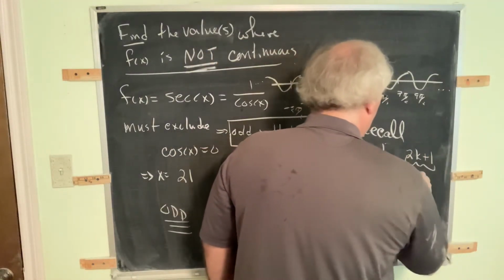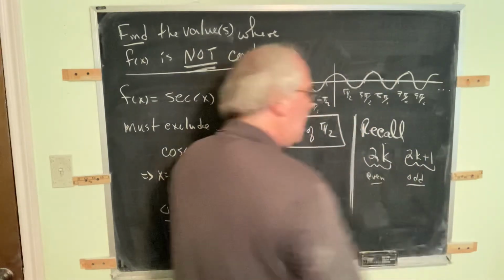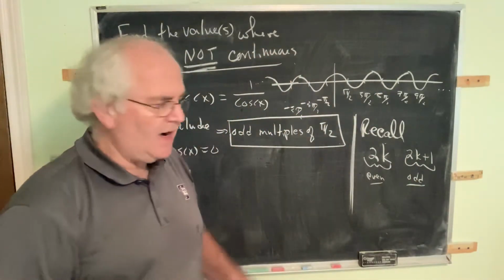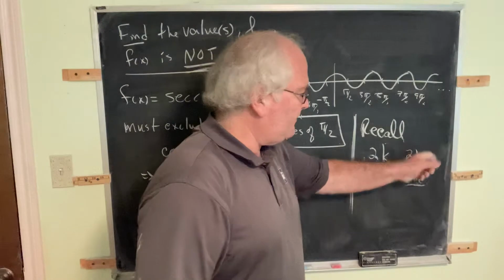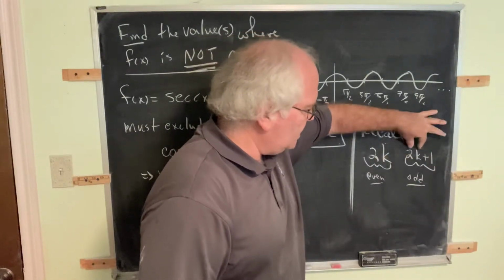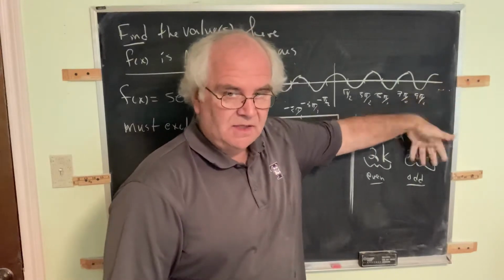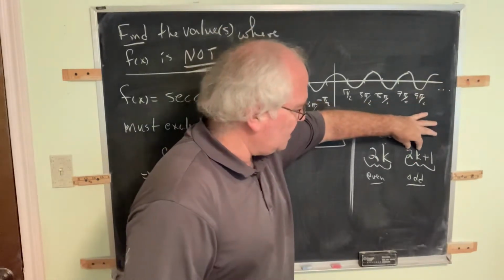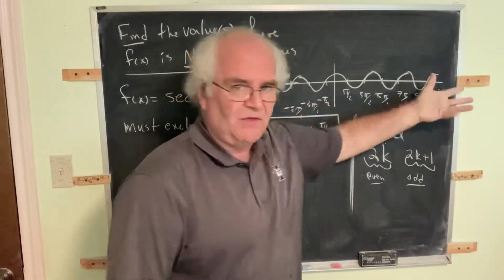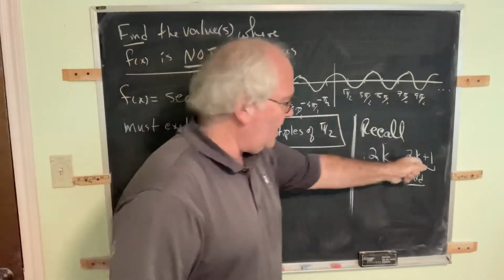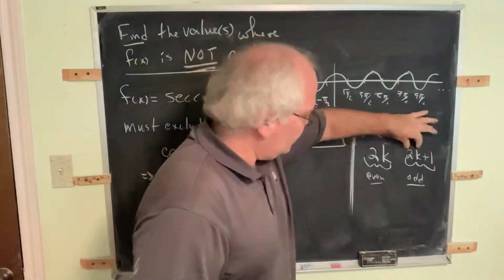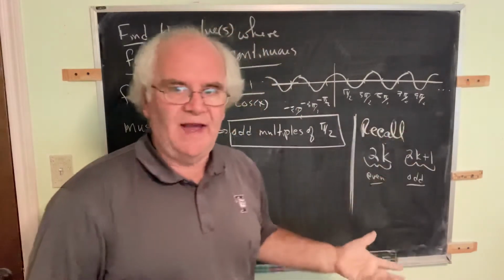This is the generic representation of an odd number, 2k plus 1. If k is equal to 1, this is 2 times 1 is 2, plus 1 is 3. So that's an odd number. If k is equal to 6, this is 12 plus 1 is 13. If k is equal to negative 10, this is negative 20 plus 1 is negative 19.